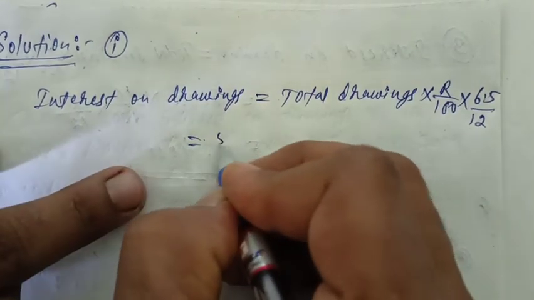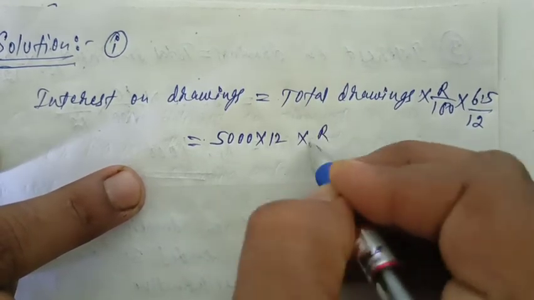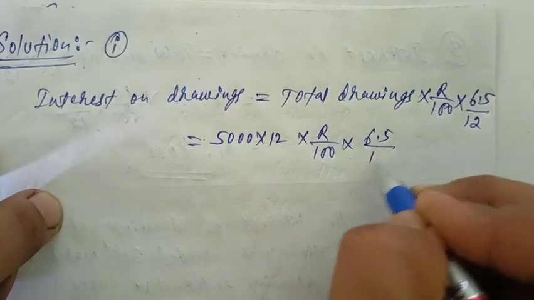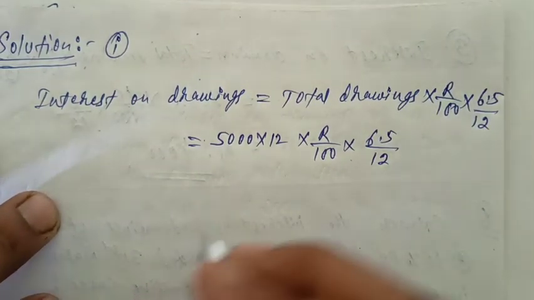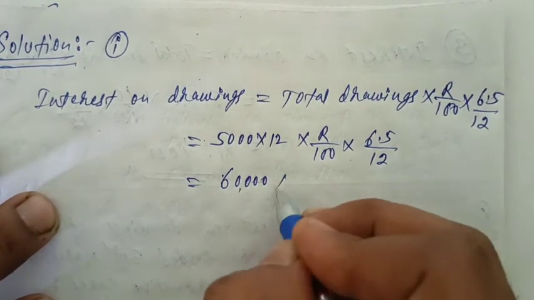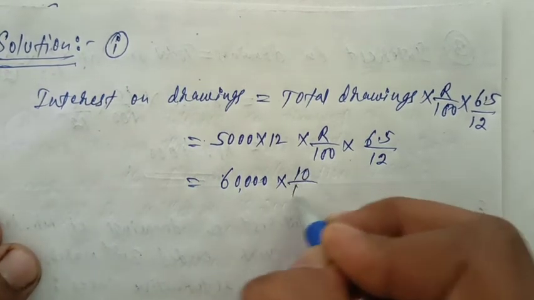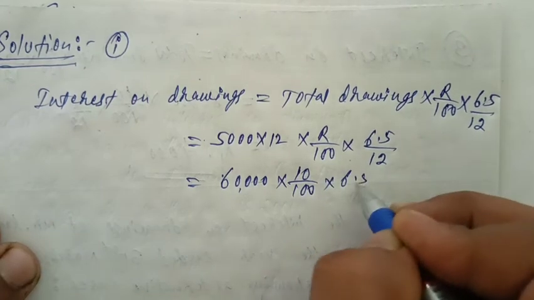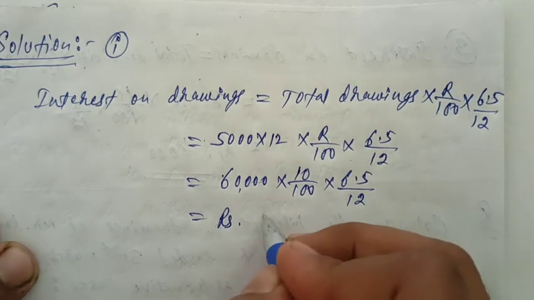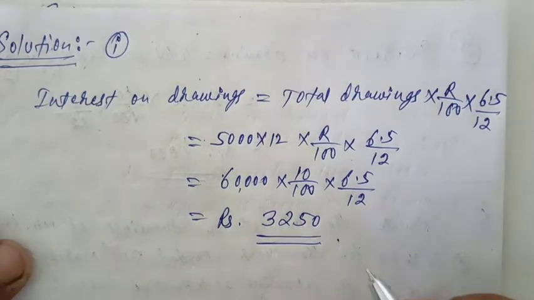Total drawings means 5,000 into 12, that is 60,000, into rate divided by 100, into 6.5 divided by 12. So 60,000 into 10 by 100 into 6.5 divided by 12, and you will get 3,250. This is our first solution.